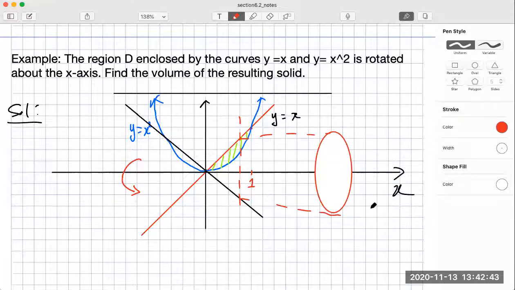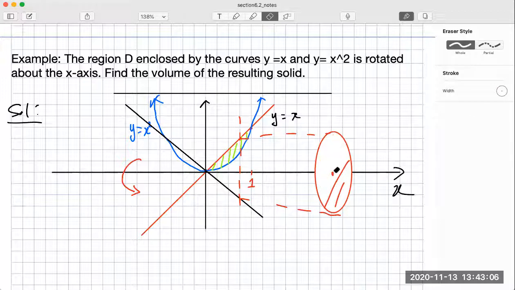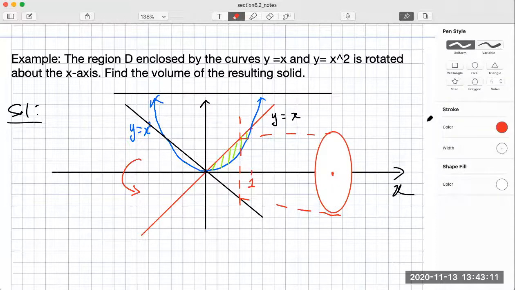Okay. Do you all see it? So we need to compute the area of this guy, right? What is the radius of this guy? But be careful. Inside that line, there is an inner circle, somehow like this, okay?